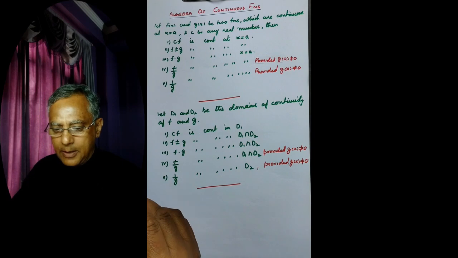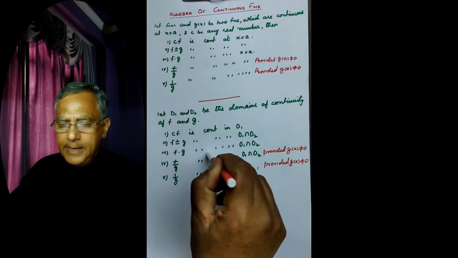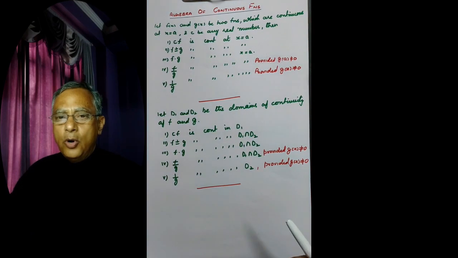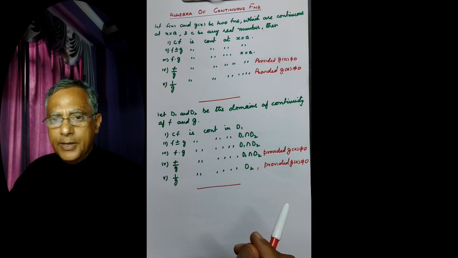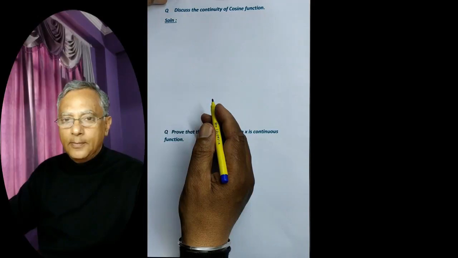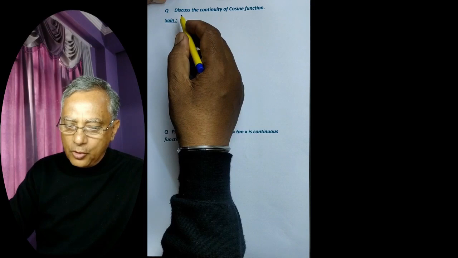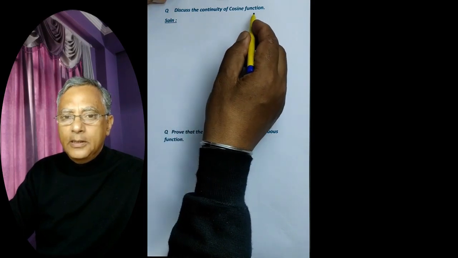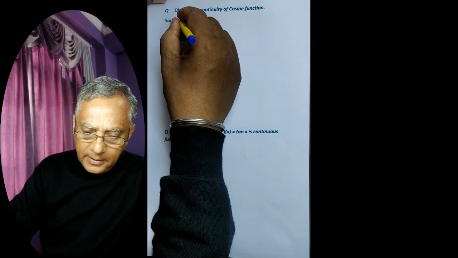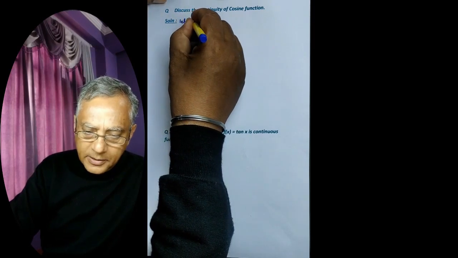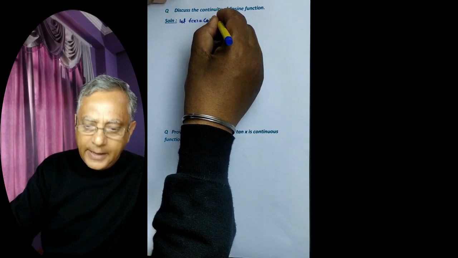Now we take up some questions depending upon these, and I have already told you the domains of some continuous functions. In this question, we have to discuss the continuity of the cosine function. Let f(x) be equal to cos x.